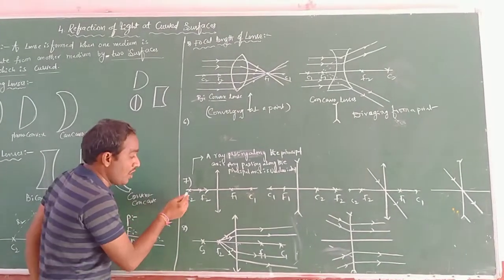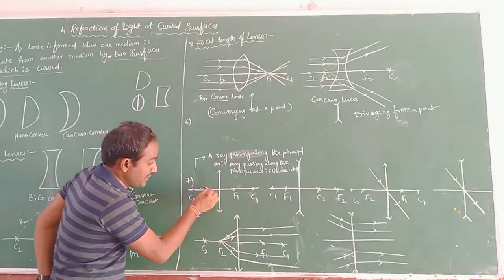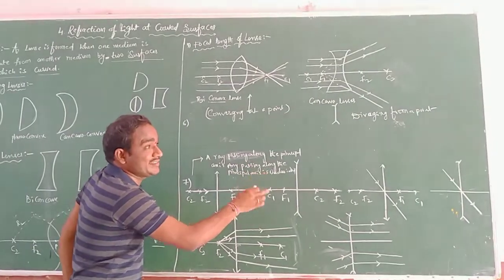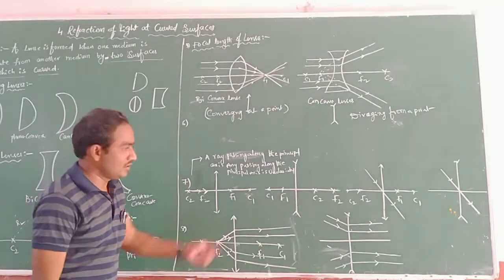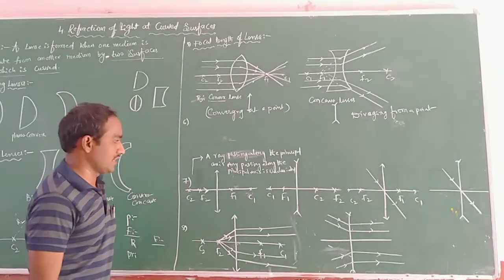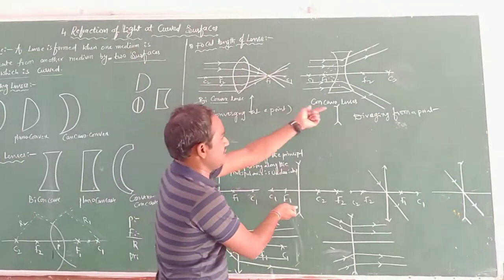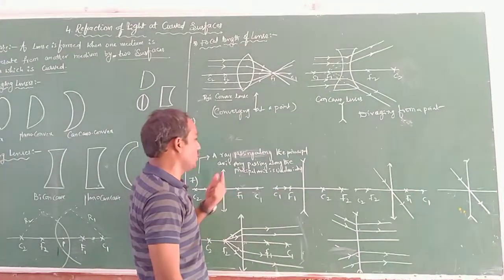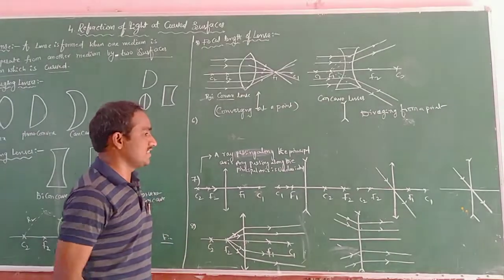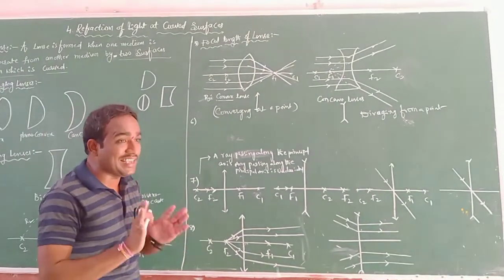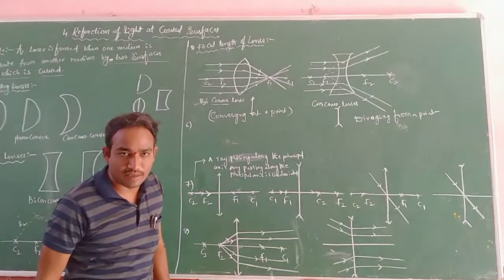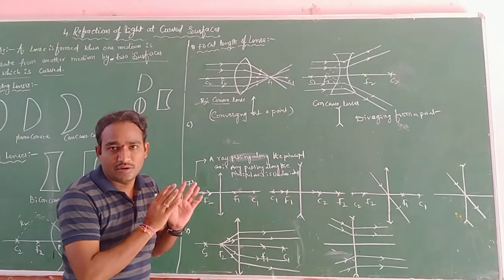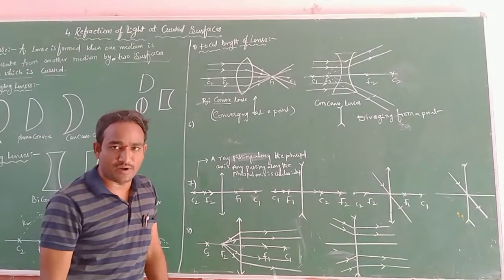The same applies to a concave lens: if any ray passes along the principal axis, it is undeviated. These two conditions are obeyed not only in refraction of lenses, but at the same time in reflection of light also.